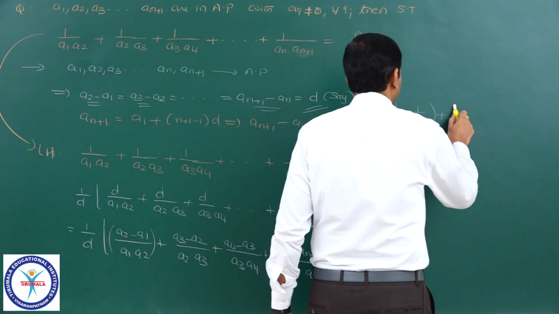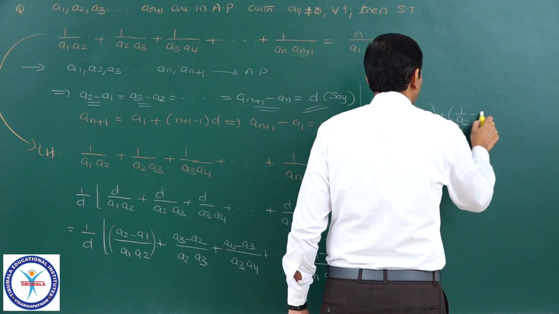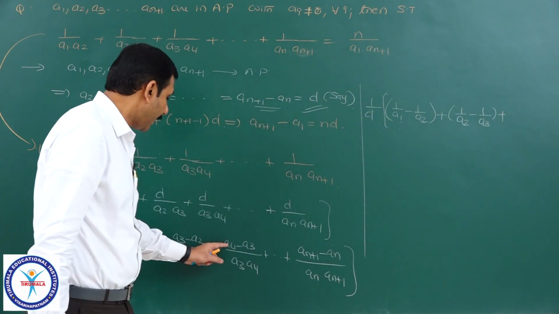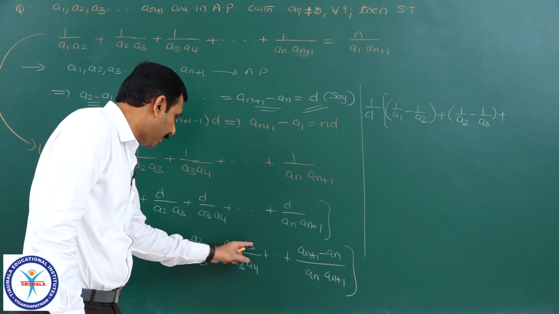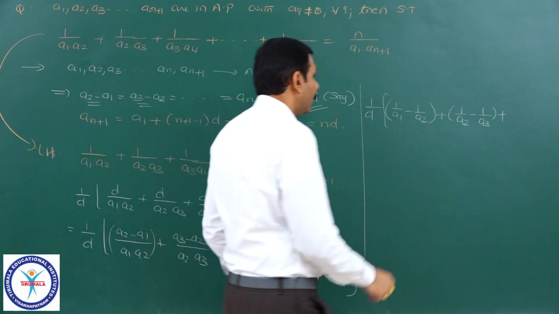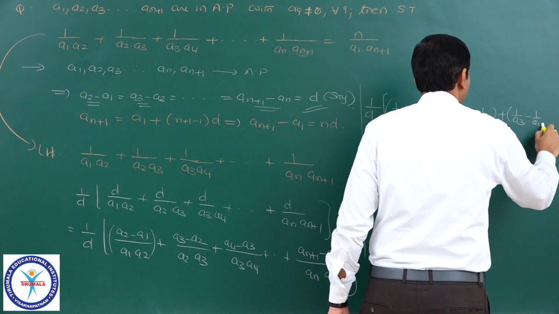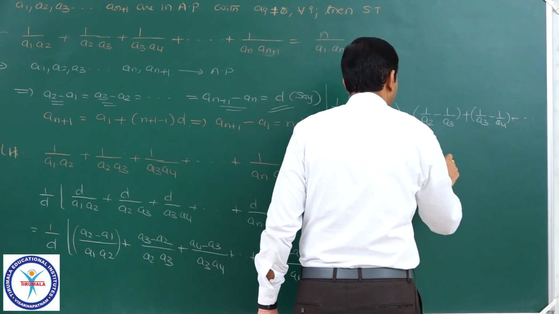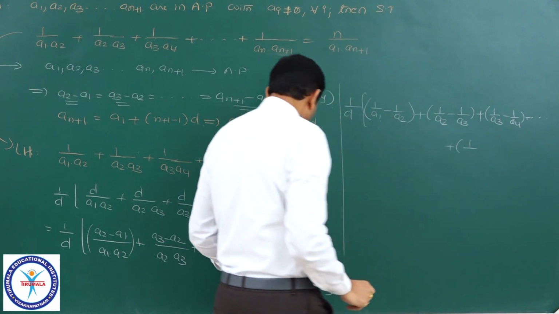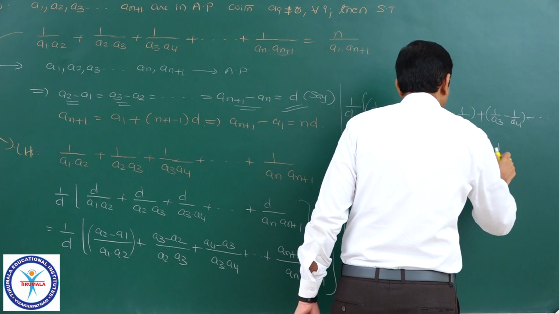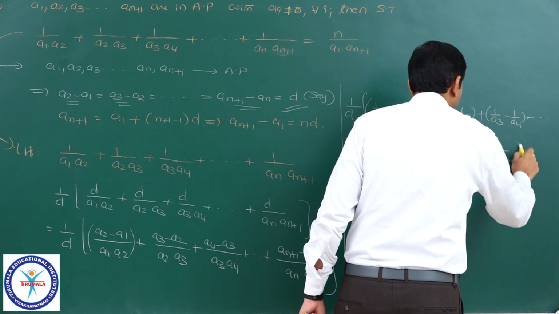Plus the second bracket, 1 by a2 minus 1 by a3, plus next a4 cancels, 1 by a3 minus a3 cancels, 1 by a4, plus 1 by a3 minus 1 by a4, plus and so on, plus the last term an plus 1 cancels, 1 by an minus 1 by an plus 1.